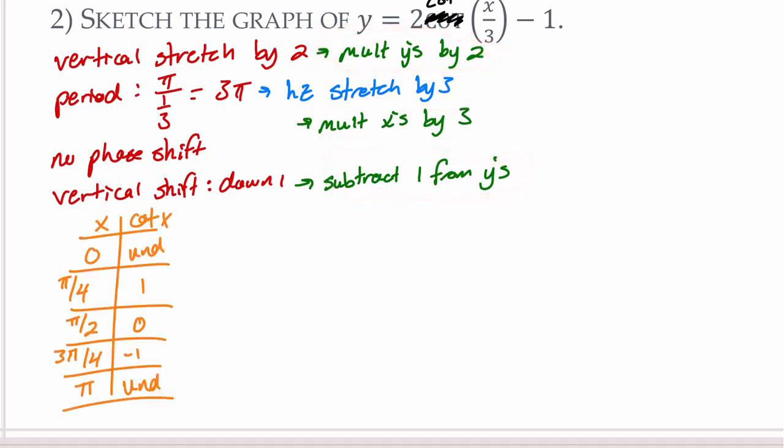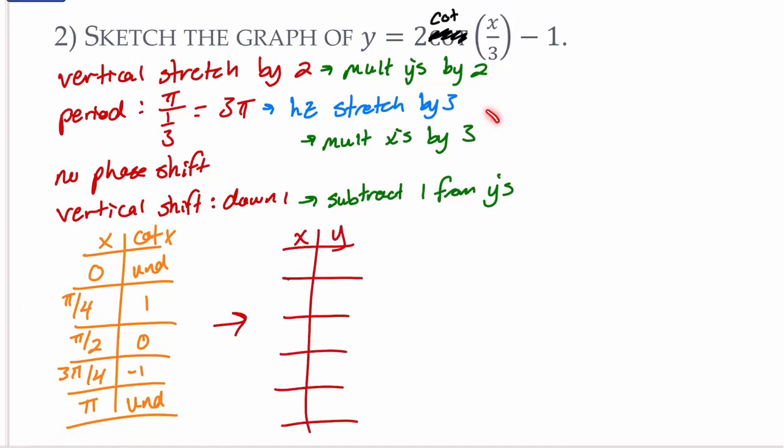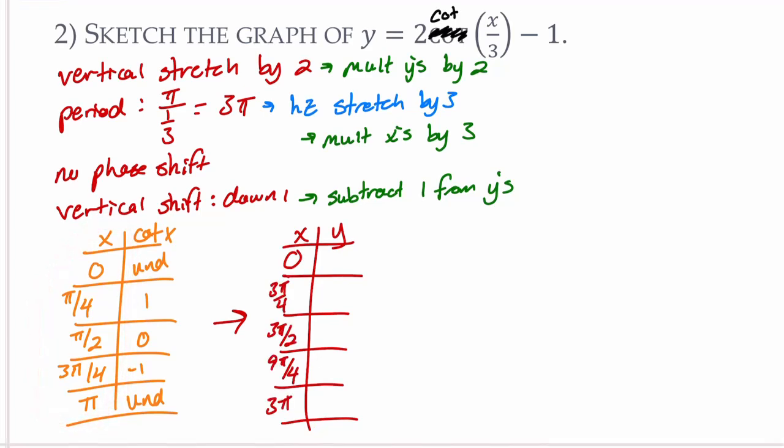There's my t-table from the parent graph, and I'm going to transform all of those values. So there's only one transformation happening on the x's, which is to multiply all those x values by 3. So I will multiply all of these x values by 3. And for my y values, I need to first multiply them all by 2 and then subtract 1. Of course, with the asymptotes there, those are just going to stay asymptotes.